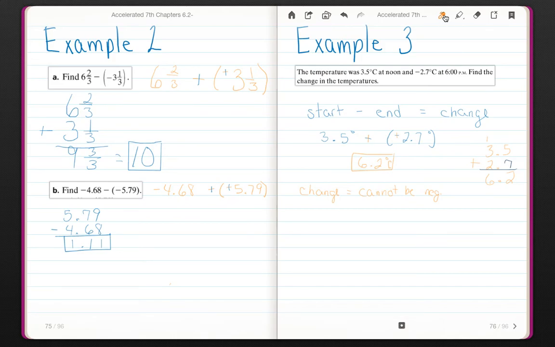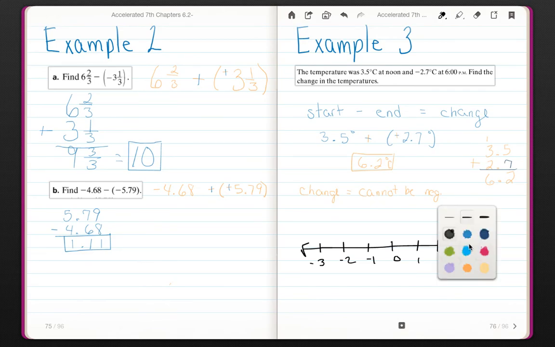If I was to think about this on a number line, so if this is -3 degrees, -2, -1, 0, 1, 2, 3, 4. So I started here at 3.5 degrees, and I ended down here at negative 2.7 degrees.